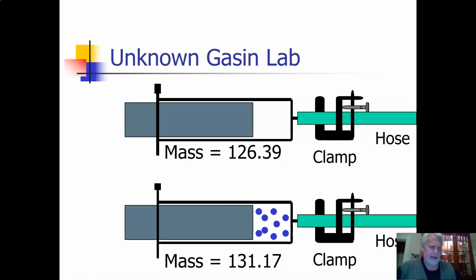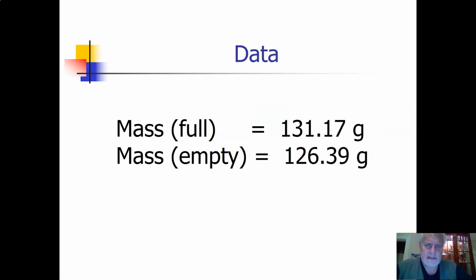Okay, welcome back. I hope your drawings look nice, and let's summarize in a simpler, a little less cumbersome way. The mass when it is full was 131.17 grams. The mass empty, 126.39 grams.